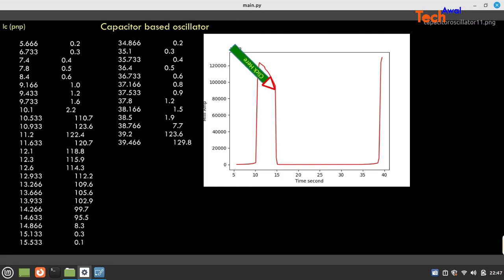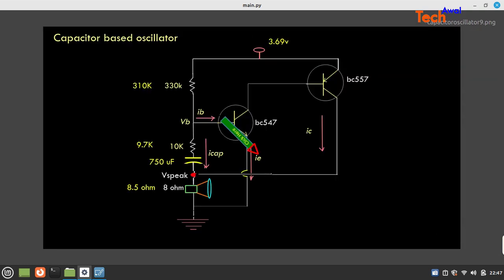Okay, now the capacitor is discharging. While the transistor circuit is active, the capacitor is discharging the way we demonstrated. First of all, the capacitor is charging through this path from the VCC, and when it is charging, it comes to a level where VB is about 0.6, and this transistor becomes active.